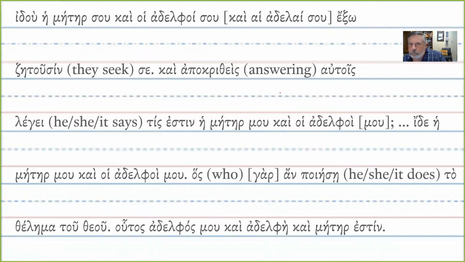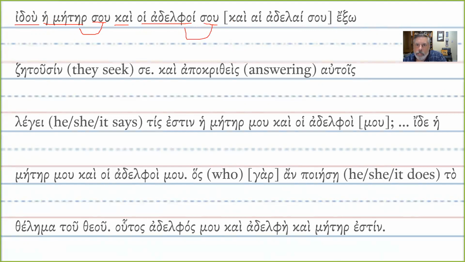All right, next one. A long sentence, not too difficult though when you break it down pretty easily. Edu, behold, look, see, behold. There's a nominative, mater. There's a genitive you that's modifying mater, so that's your mother. And there's a nominative, hoi adelphoi, and genitive you, su, second person genitive, your brothers.